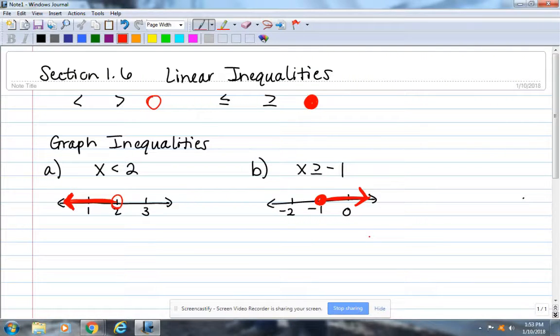Okay, so those are single inequalities. We also have things called compound inequalities. What do you think compound inequalities means?